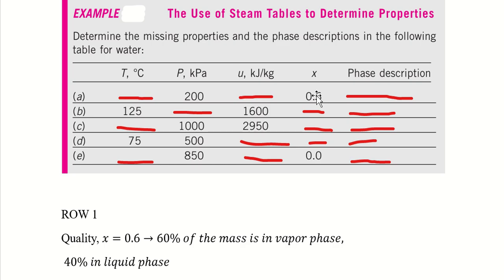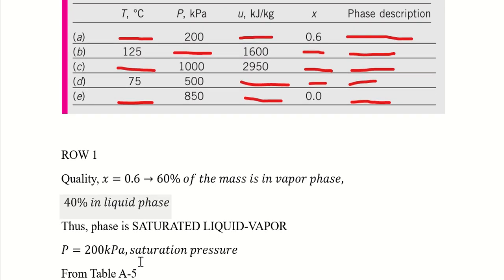What does that mean? It means that 60% of the mass is in vapor phase, and 40% is in the liquid phase. So thus, the phase is saturated liquid-vapor. It's a two-phase mixture.